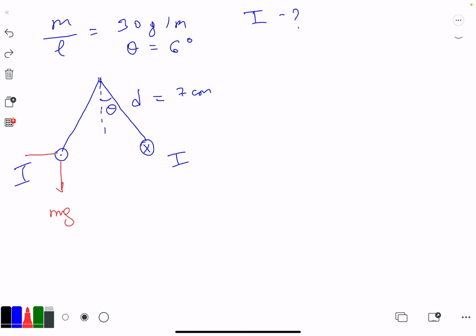The other one will be the magnetic force, FB. Then we have tension here, and since that tension is at a certain angle, it has to be resolved into two components. This is theta, so the x component of the force will be T sine theta. The other one will be T cos theta.